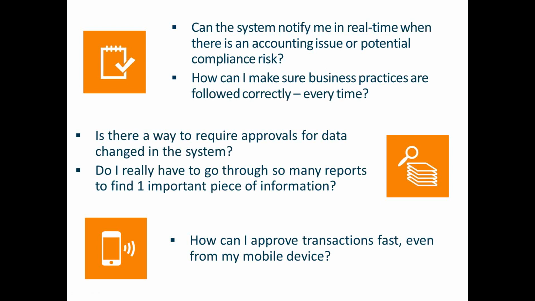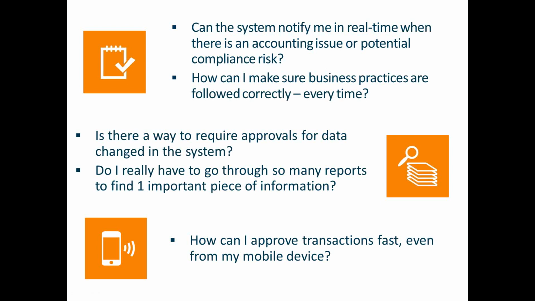But think about the system notifying whoever within your organization or even outside the organization if there's an accounting issue or a compliance risk. And think about making sure the business practices and business processes are followed correctly every time.